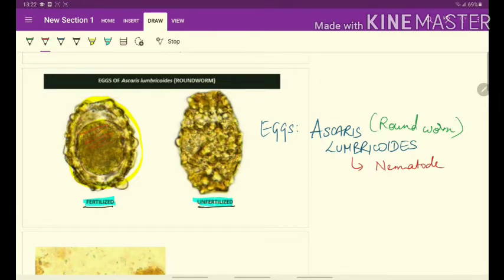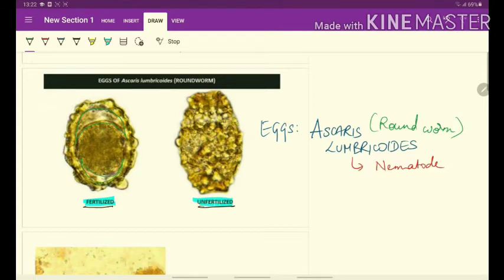This is the embryo and there is an albuminous coat surrounding the outer membrane. And on either side of the embryo there is a chitin sheath present, this and this.